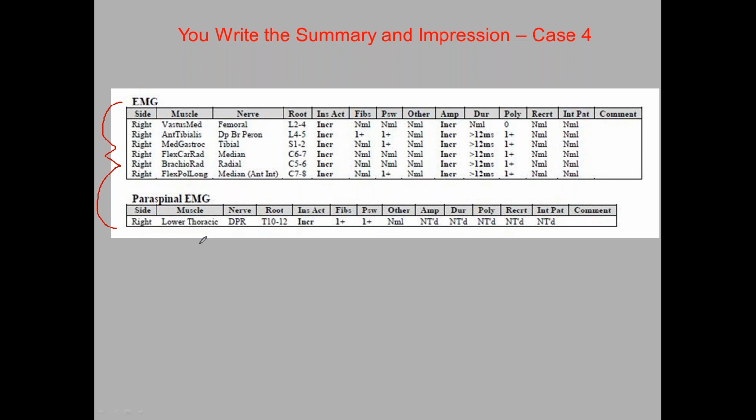How I would write this is that there is evidence of diffuse, ongoing denervation noted in a limited sample of muscles from the bilateral lower, right upper, and right lower thoracic paraspinals, not following any particular myotome, peripheral nerve, or plexus distribution, period. That's it.